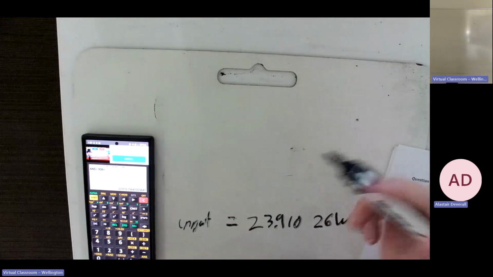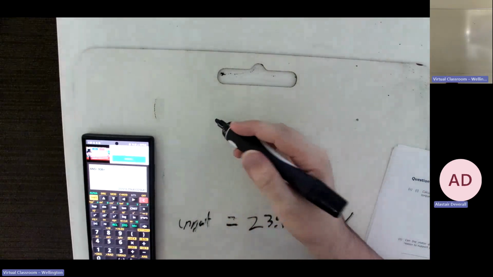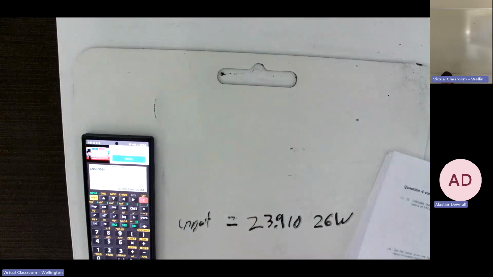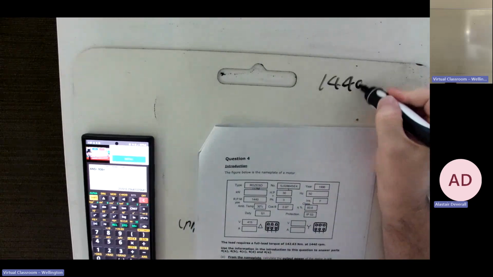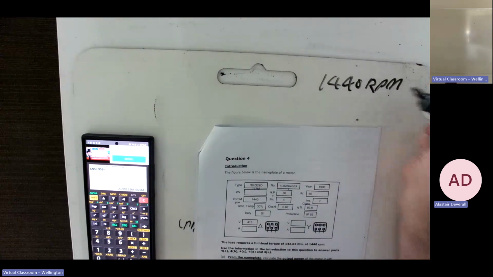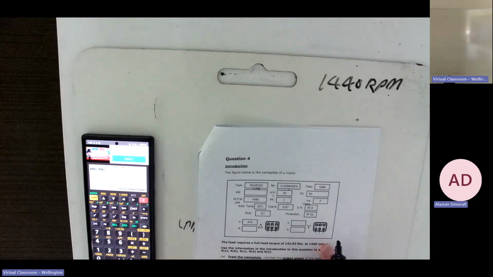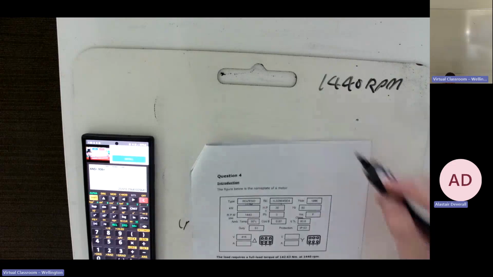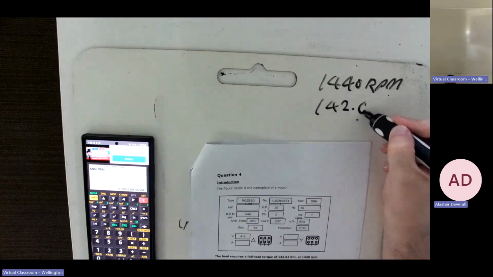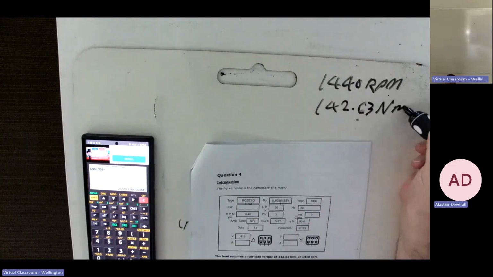We have an RPM at full load given to us at the beginning, which is 1440 RPM. So that is our full load RPM there, and we also have our 142.63 Newton meters.